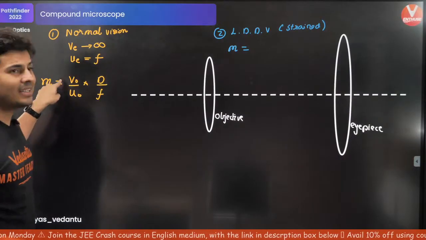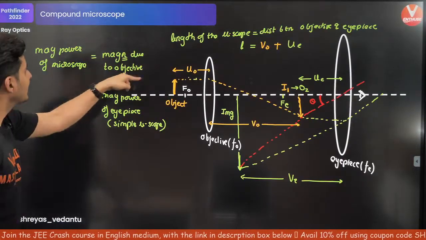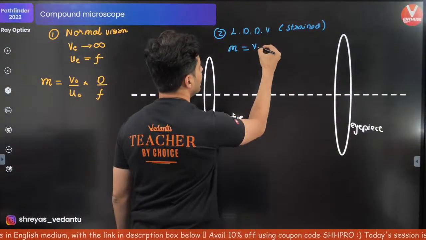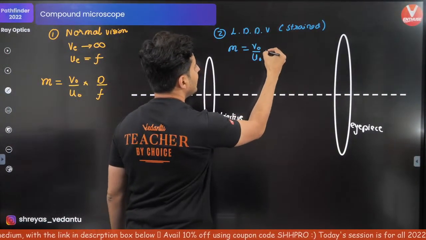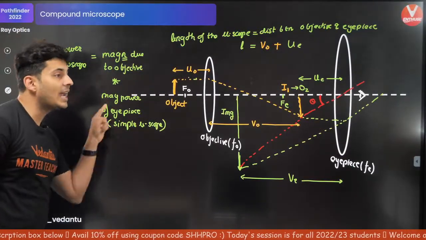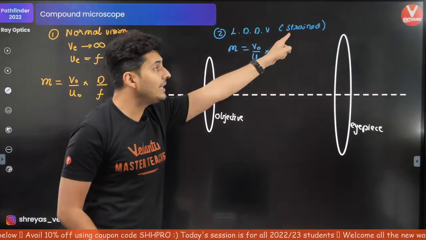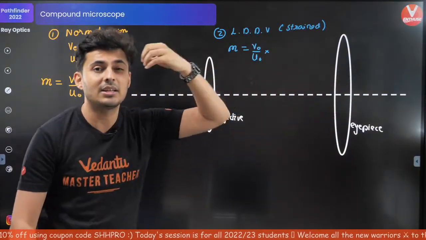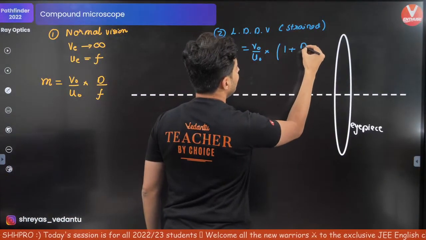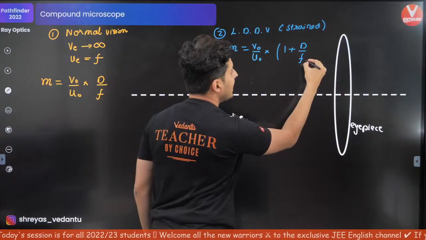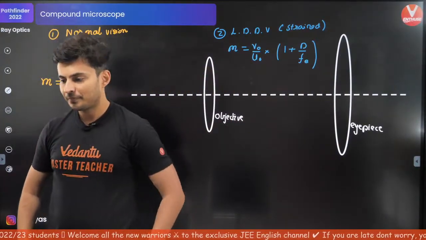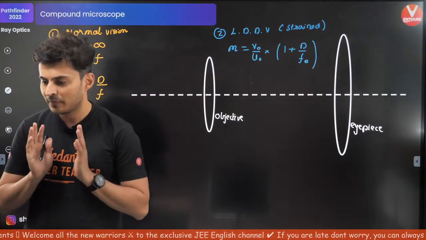The first term is the same, magnification due to the objective, which is nothing but V0 by U0, multiplied by the next term, the magnifying power of the eyepiece. But this is LDDV, least distance of distinct vision, for a simple microscope. What is it? It is 1 plus D by F, but this is the focal length of the eyepiece. That's it. That's the final formula. Got it? Very good.